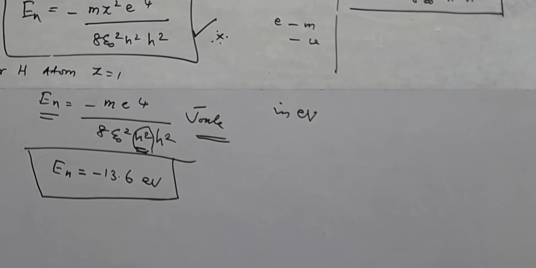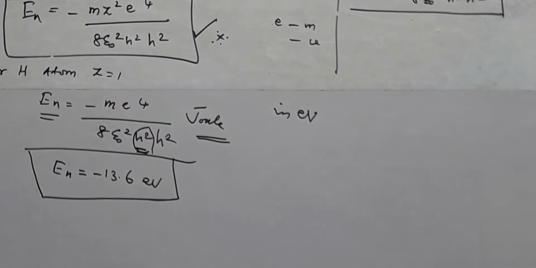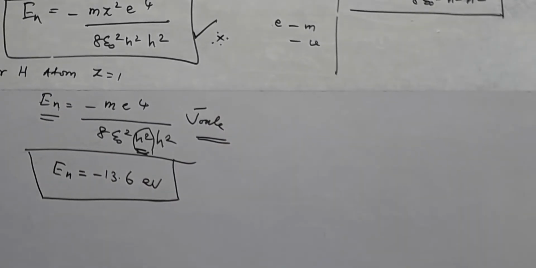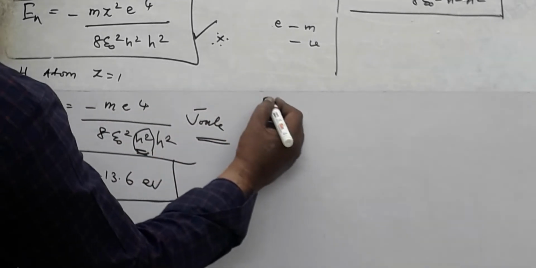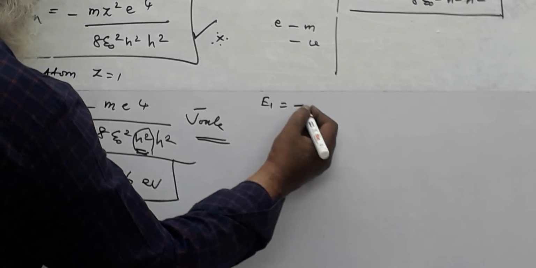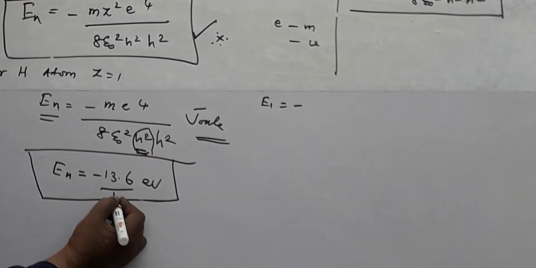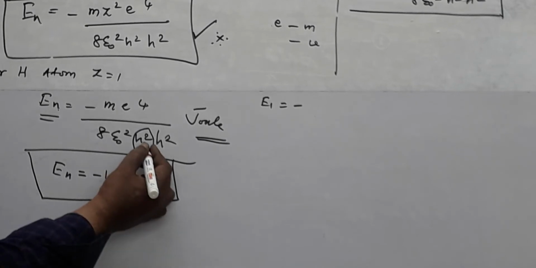This is very important. Suppose you want to find out the value of E1, the energy in the first orbit. It is nothing but divided by n square. Sorry, I made a mistake.